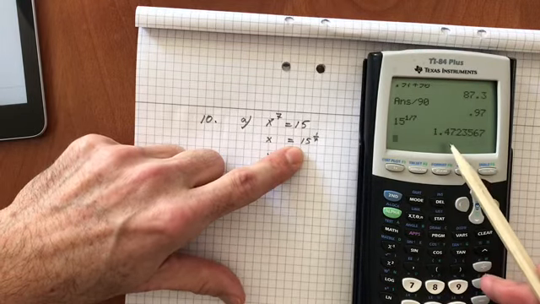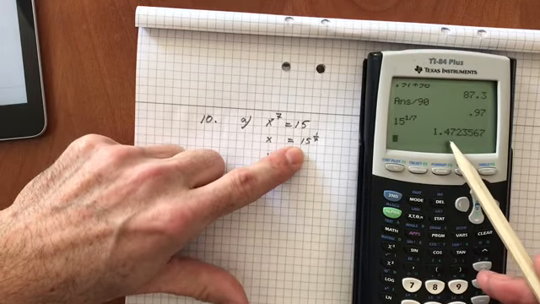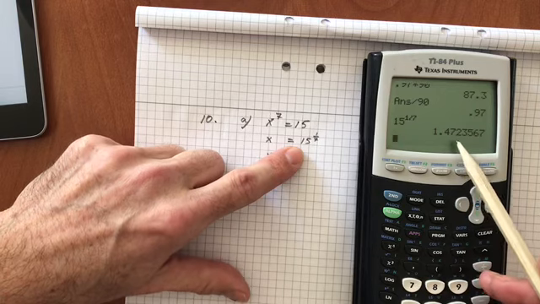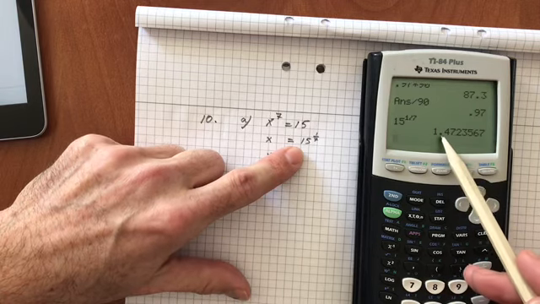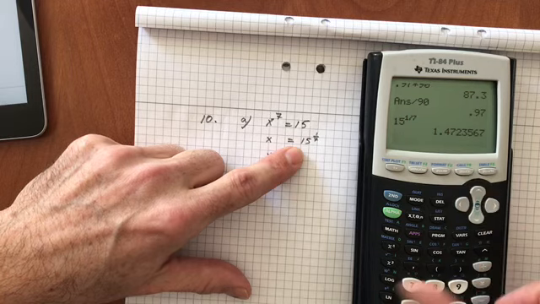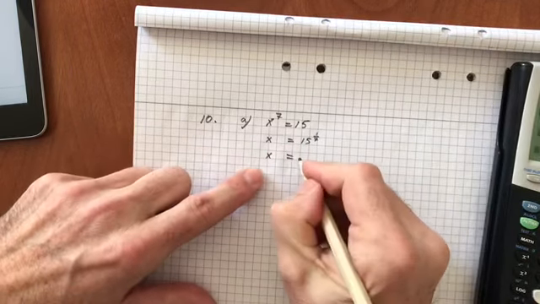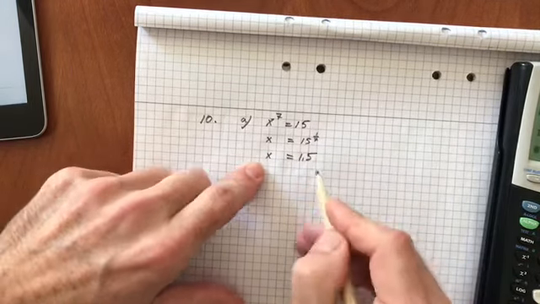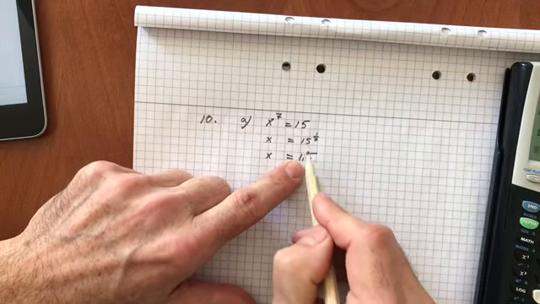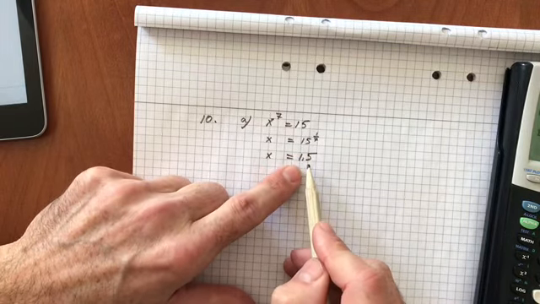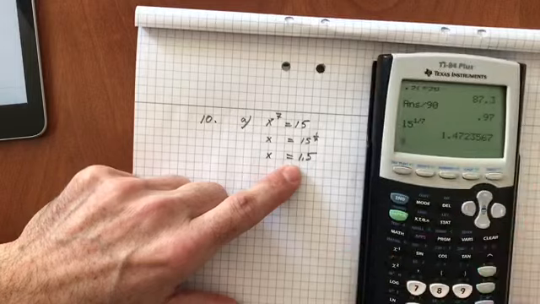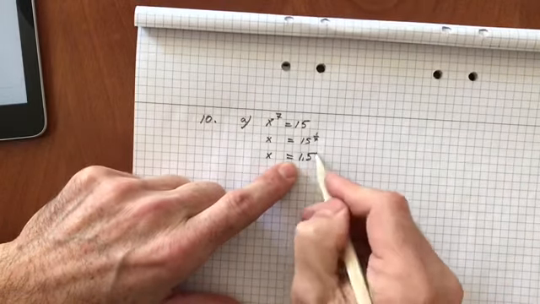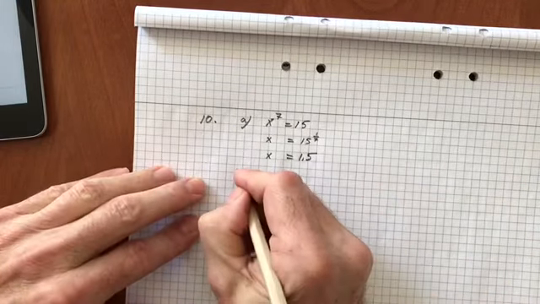And then it says in the question, answer with 2 significant figures. That means you will answer with 1.5. So x is equal to 1.5, but it's not exactly true. It's a rounded off number, of course. So this is correct with 2 significant figures.